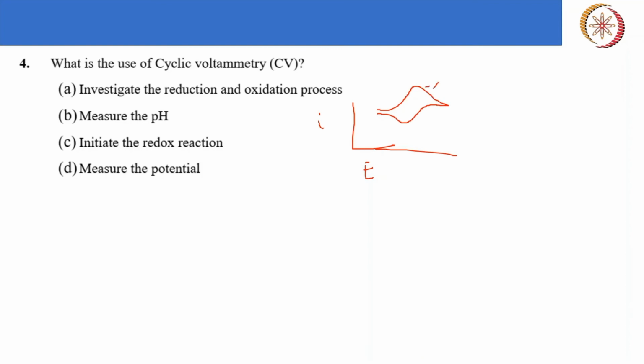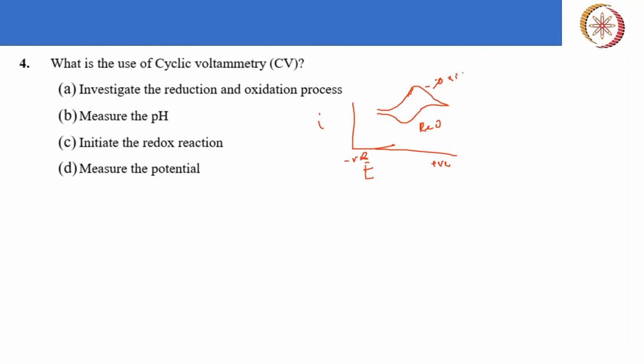Suppose this is positive and this is negative. That means this is the oxidation process and this is the reduction process. So we are investigating the reduction and oxidation process.